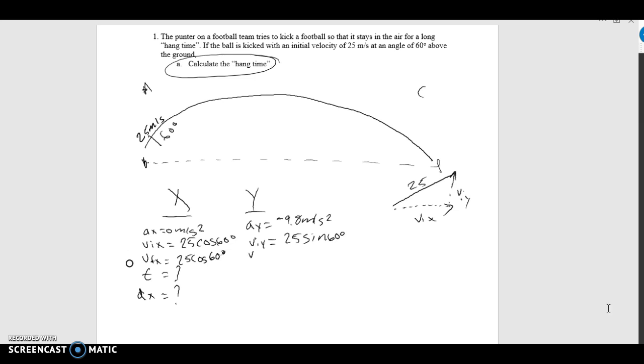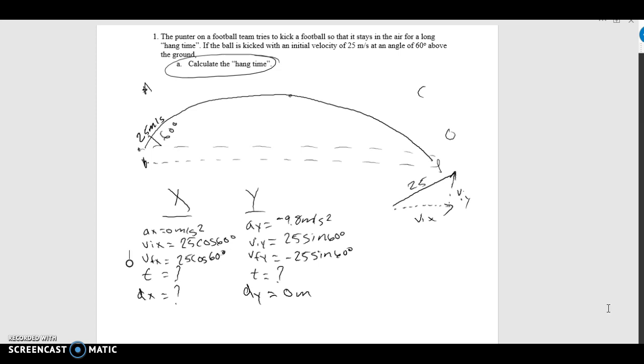The final velocity, VFY, is negative 25 sine of 60 degrees. Time is what we're looking for. The displacement in the Y is 0 meters. It starts here, travels some distance, comes to 0 meters per second, and then comes back down, so its actual vertical displacement is 0.